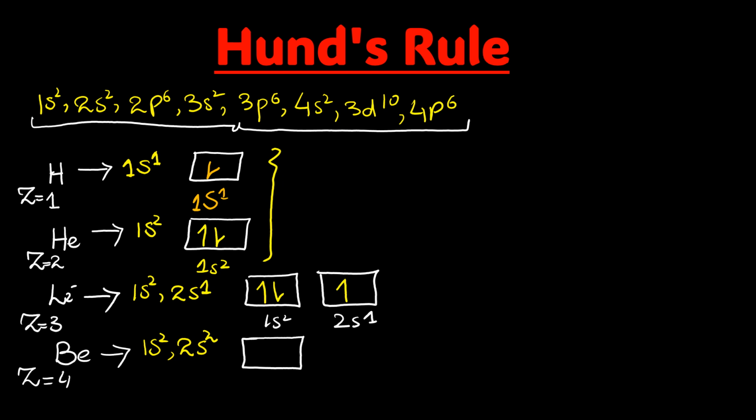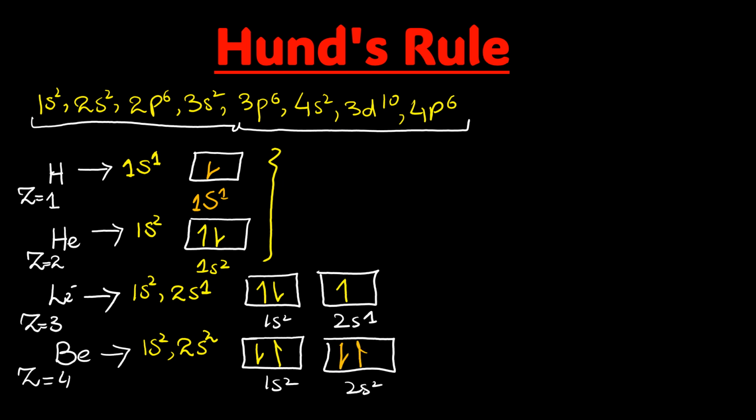The 1s2 subshell of the beryllium atom will fill its orbital with 2 electrons with opposite spin. Similarly, the 2s2 subshell will be filled by 2 electrons with opposite spins like this.